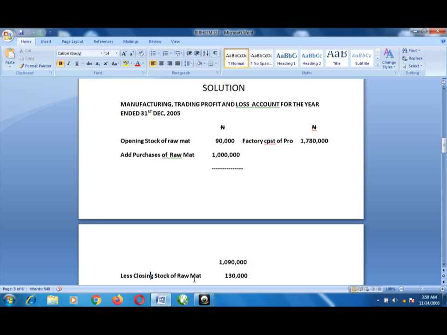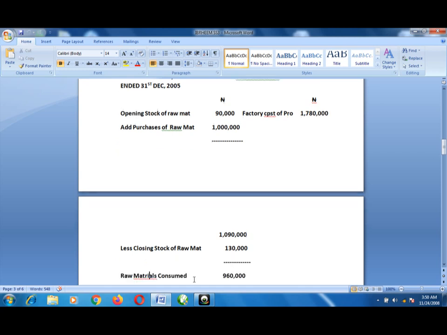And when you have 1,090,000, you now less the closing stock of raw materials, which is 130,000. That's the closing stock of raw materials, you have it under additional information.